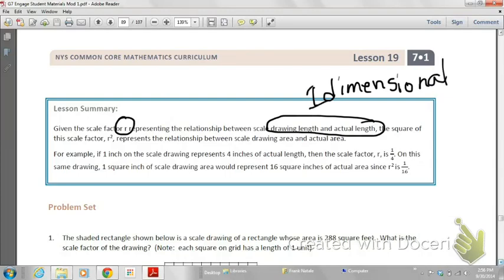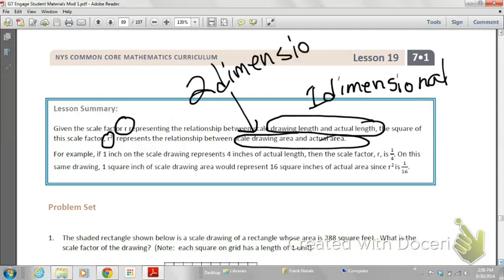The square of this scale factor, r squared, represents the relationship between scale drawing area and actual area, and again, area is a two-dimensional measure.